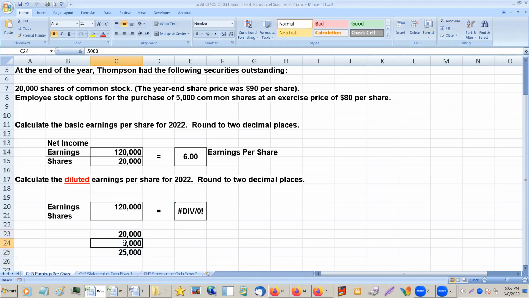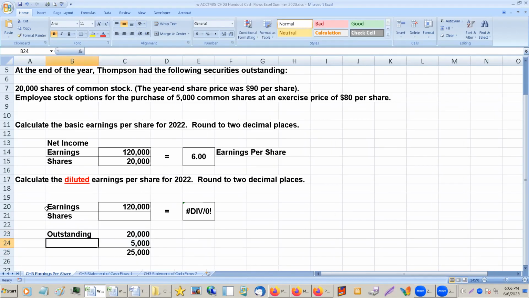So there's 25,000. So this is fully diluted. This is the outstanding stock, and these are the options that people could exercise. And if they exercise these options, the earnings per share goes down.